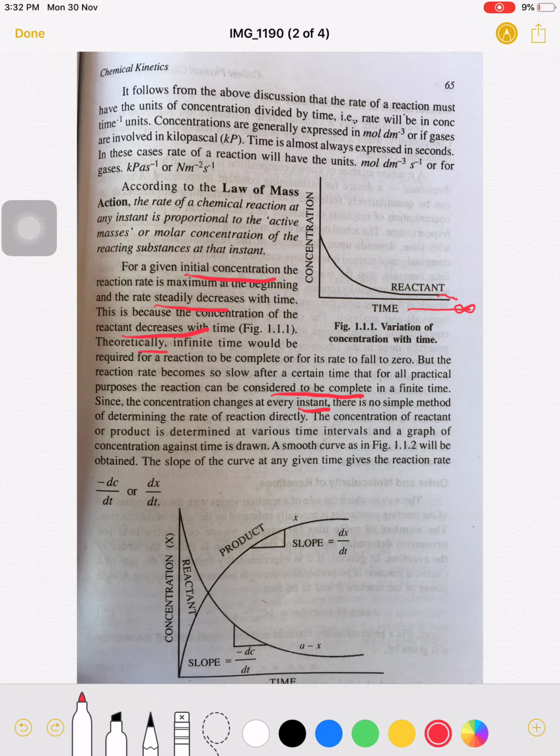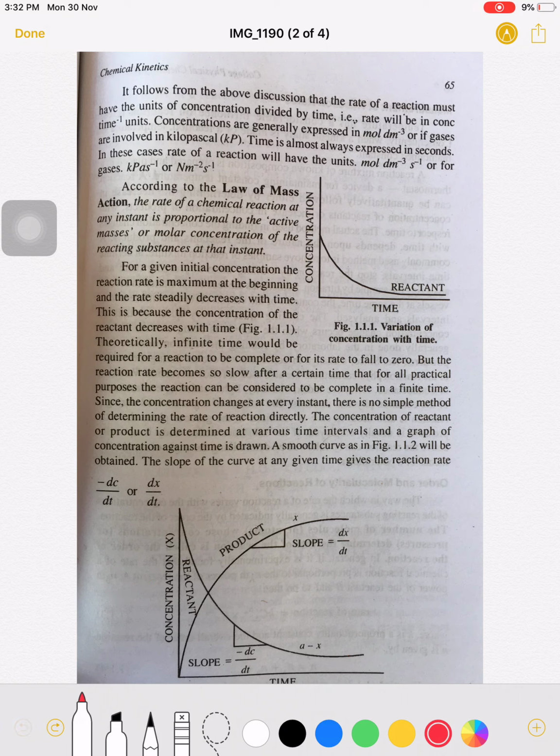If you see this graph, you will understand that we are going to determine the slope of these curves by plotting concentration against time. Now see here, this graph is of reactant, this graph is of product.